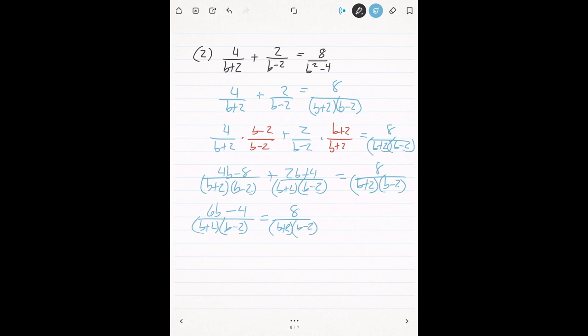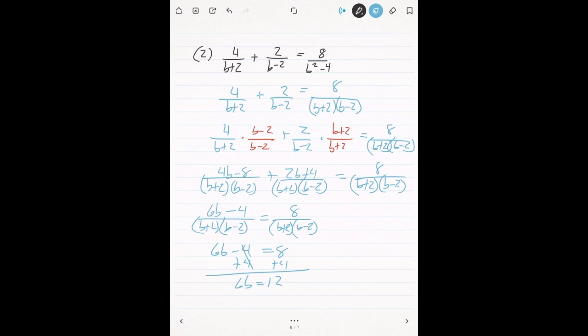Now, we could cross multiply, but really, when we just multiply both sides by the same value, they're just going to cancel out. So we can just work with the numerator, 6b minus 4 equaling 8. I could add 4 to both sides, and we get 6b equaling 12.